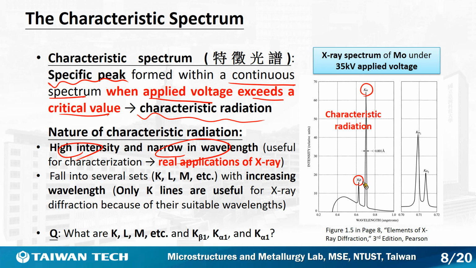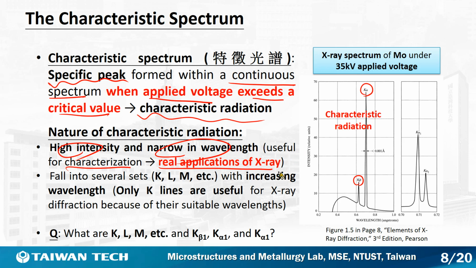So it will be very useful for us to use it for characterizations. So we use this for the real applications of X-ray. Because continuous X-ray will not be useful, since it has different wavelengths and also the intensity is not as high as that of the characteristic X-ray.